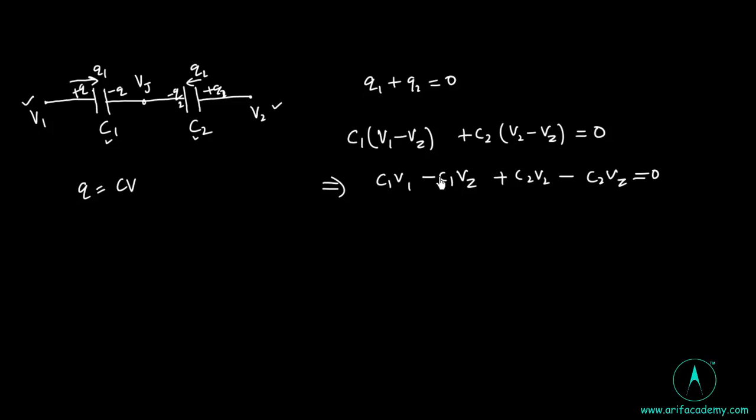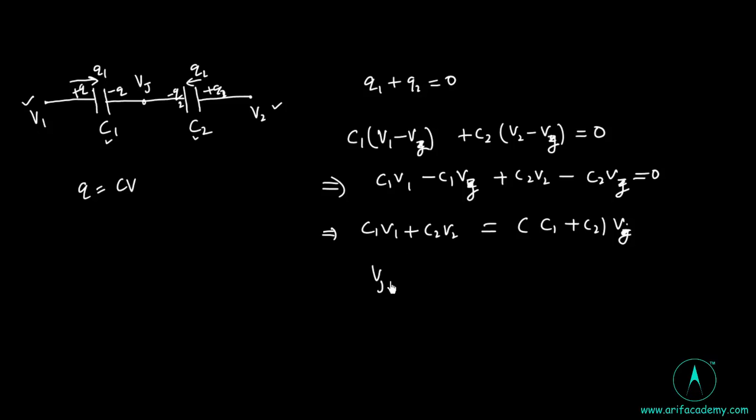So C1 V1 minus C1 Vj plus C2 V2 minus C2 Vj equal to 0. Sorry, this is the potential of the junction, so I should write Vj, not Vz. I apologize for this. So we can write C1 V1 plus C2 V2 equal to (C1 plus C2) Vj.